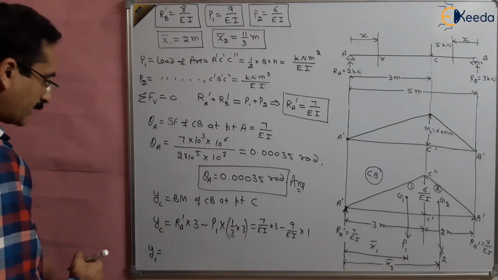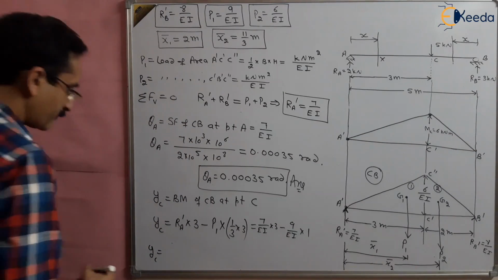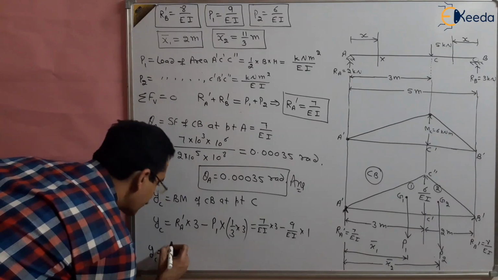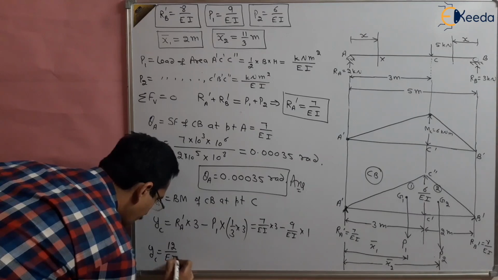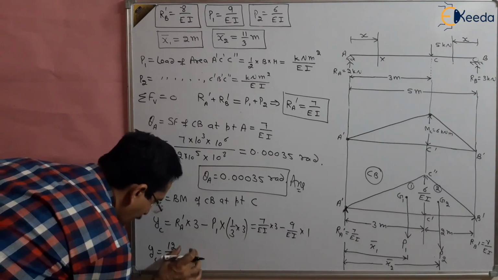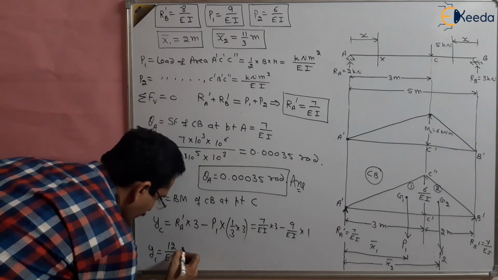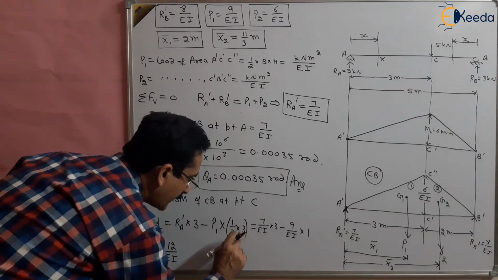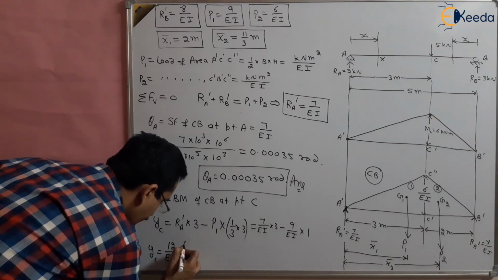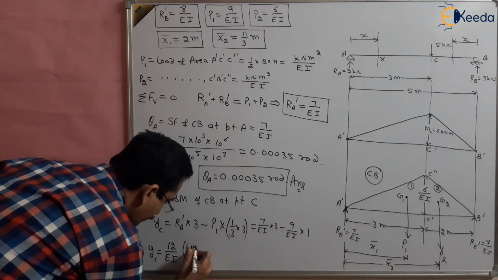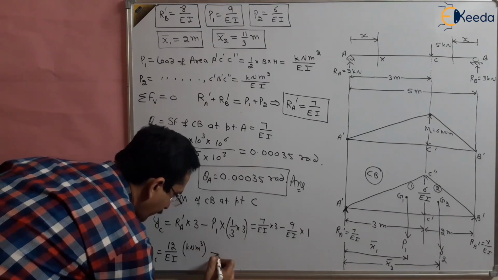So this will come out to be 12 by EI. Keep in mind that the 12 in the numerator has a unit of kilonewton meter cube, because we have multiplied by a meter here also. You have to keep this in mind.